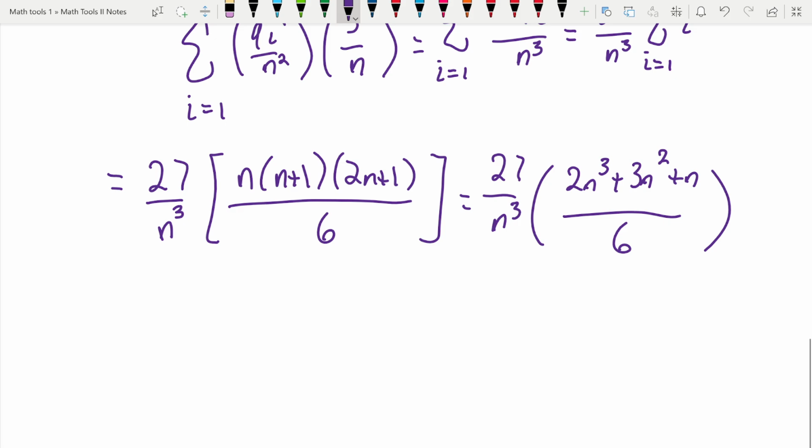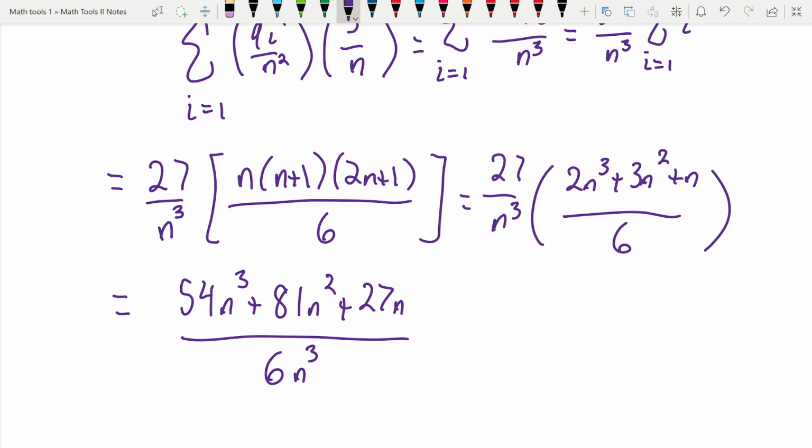Okay. Now we can simplify this further, as much as we can before we go ahead and take the limit. So let's see, we'll get 54n cubed plus 81n squared plus 27n over 6n cubed.